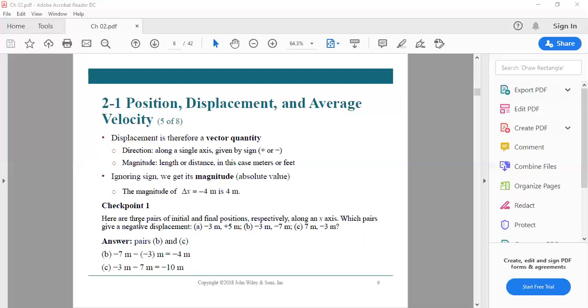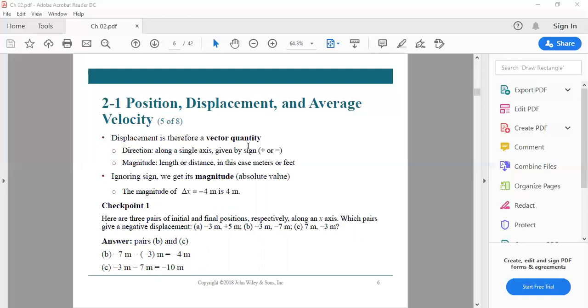So displacement is therefore going to be considered a vector quantity. What that means when you have a vector quantity is that, if you've ever seen Despicable Me, you know the villain there was named Vector, and he always claimed that it was because he had direction and magnitude. Well, same thing here.